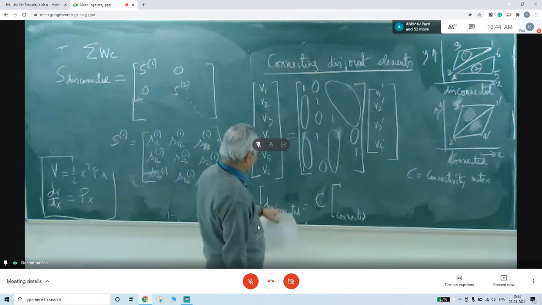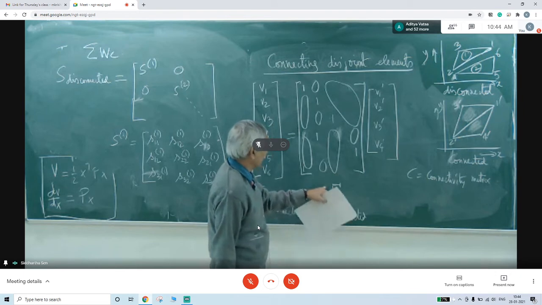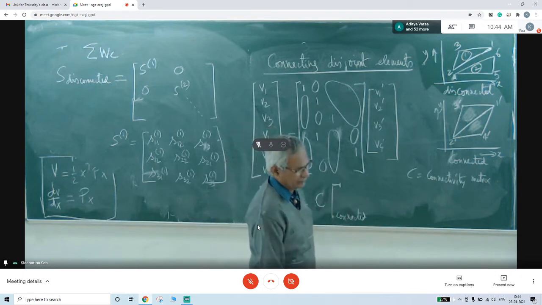This lambda disconnected is related to the lambda connected by the C matrix, which we call a connectivity matrix.